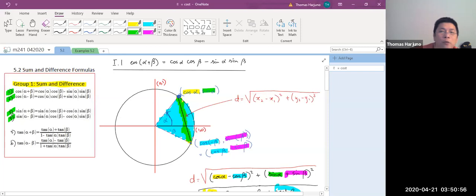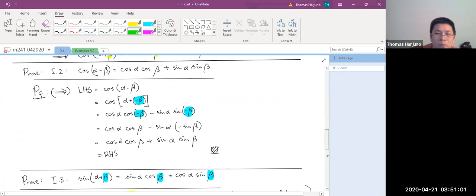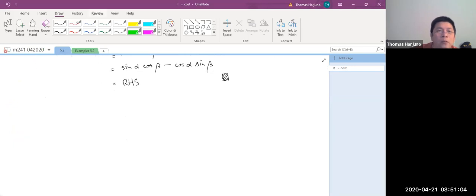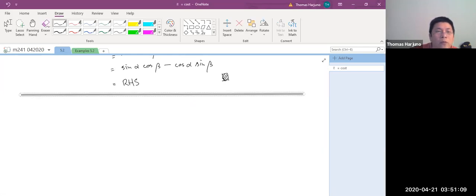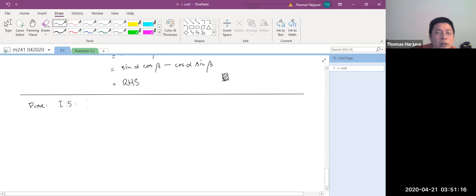Now let's prove further the formula number 5 and formula number 6. Formula number 5: tangent of alpha plus beta equals tangent alpha plus tangent beta over 1 minus tangent alpha tangent beta.